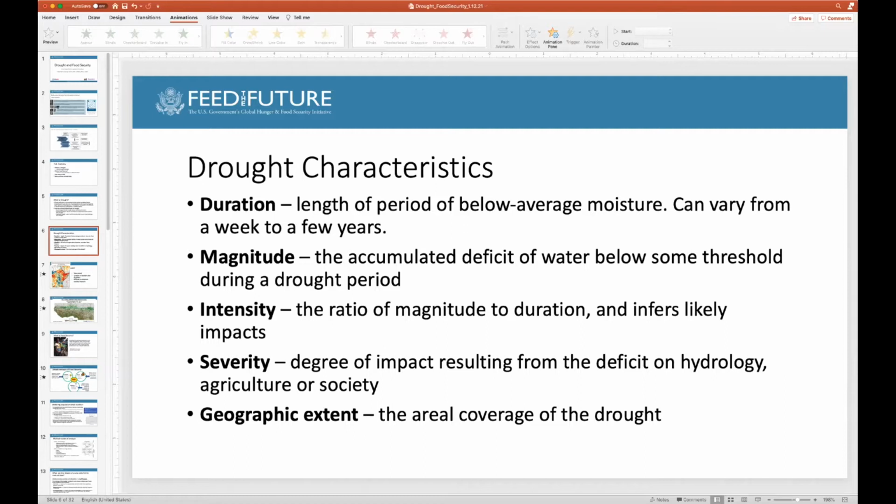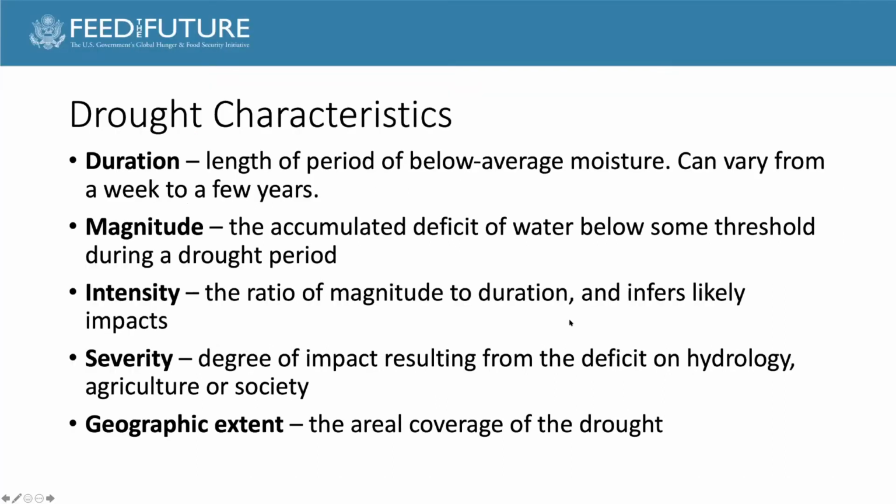So if you have multiple years of below average rainfall, it can be extremely severe. A good example was the experience of Cape Town and how it had so little rainfall that the whole urban area almost ran out of water altogether.